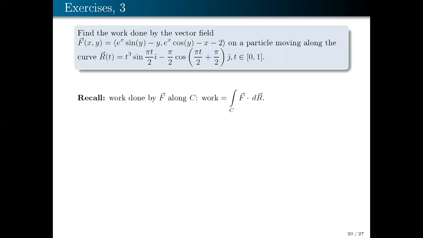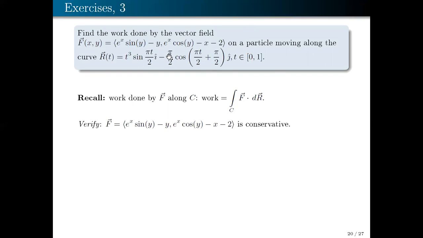So let's deal with this example here. We have this vector field F exerting work on a particle moving along this curve. All right. I will leave it now to the viewer to verify a few things. For example, that the vector field given here is conservative. That's Py equals Qx.